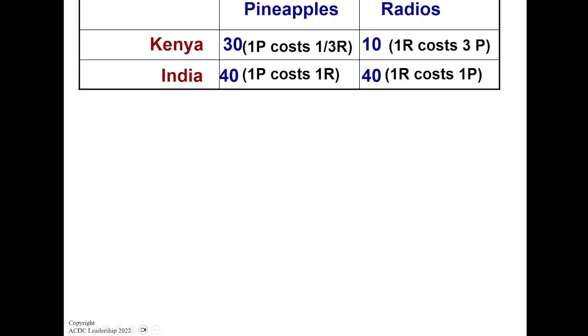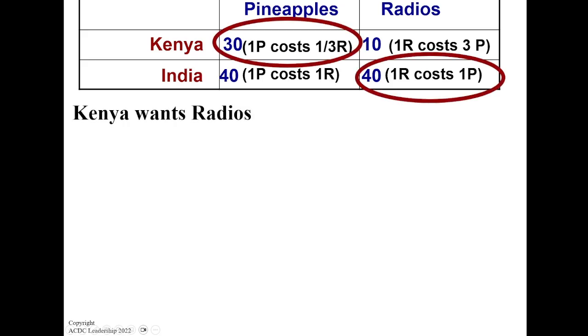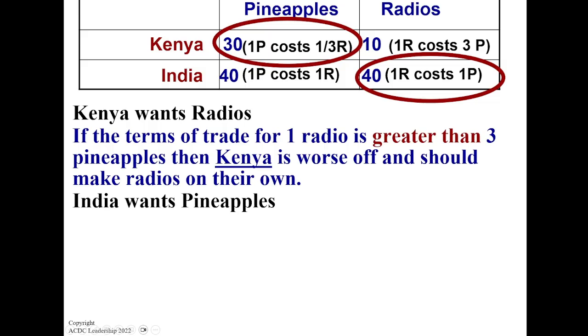So for example, if 1 pineapple costs 1 radio, but Kenya says, okay, we're only going to give you 20 pineapples if you give us 30 radios in return, in this case India is going to have to give up 1.5 radios. So it'll actually cost more to trade with Kenya, so they will just produce it on their own. They won't agree.